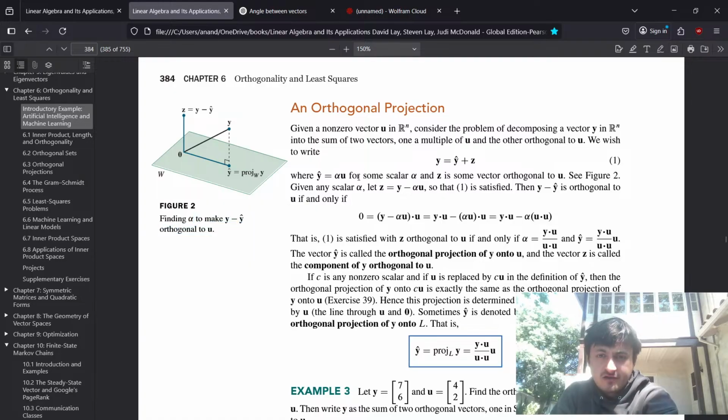Given any scalar alpha, let z equal y minus alpha u, so that the first condition is satisfied.